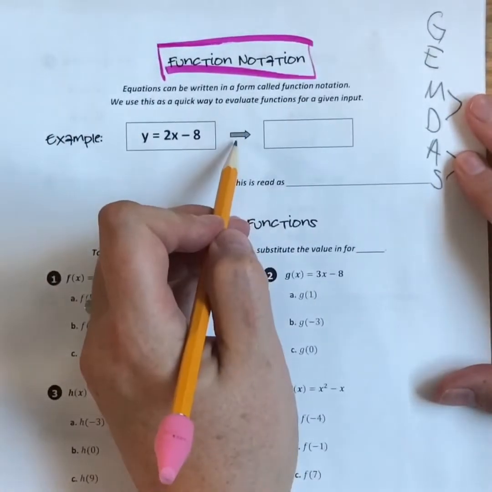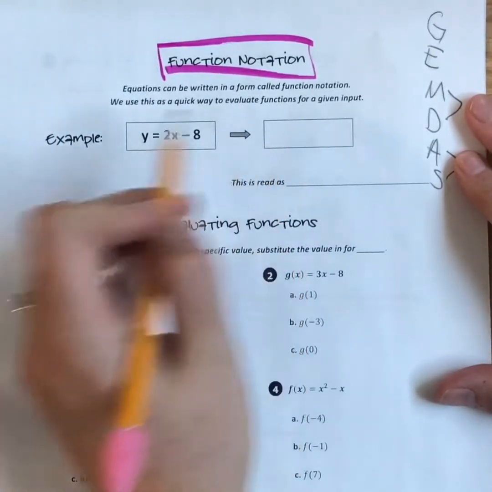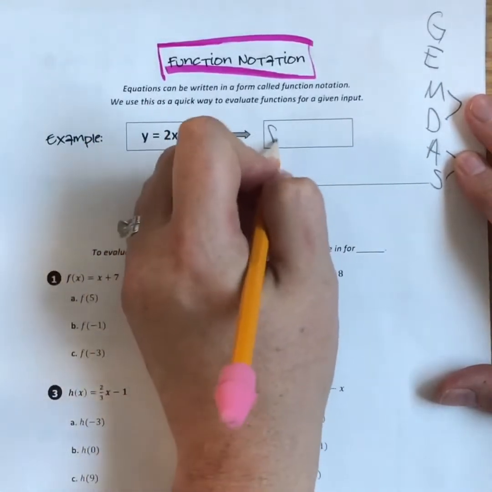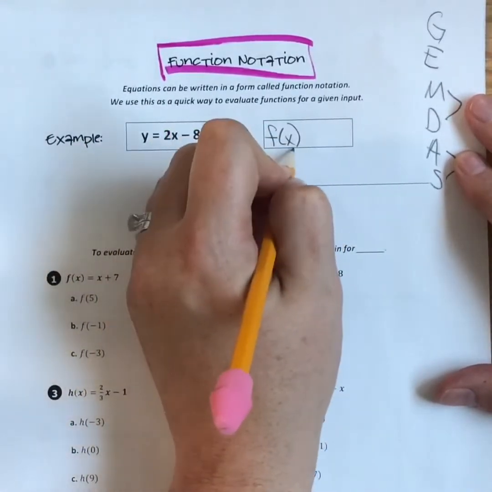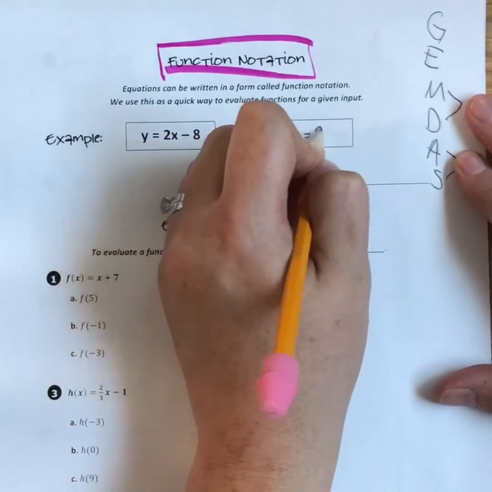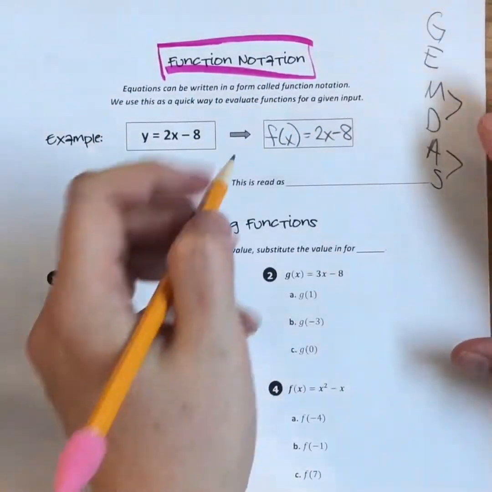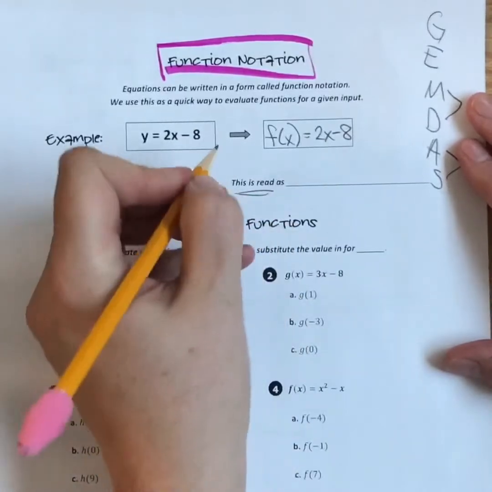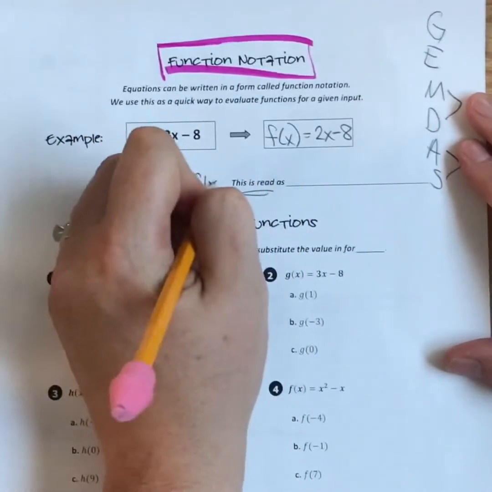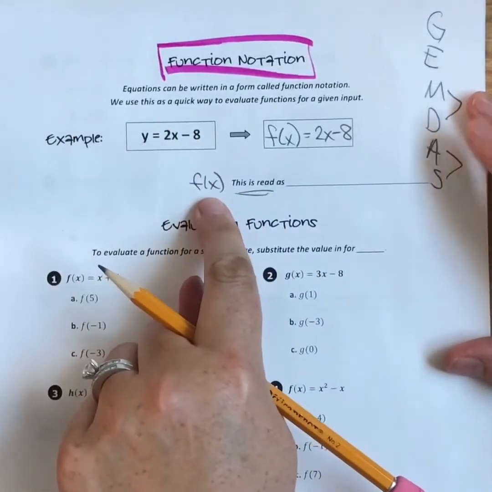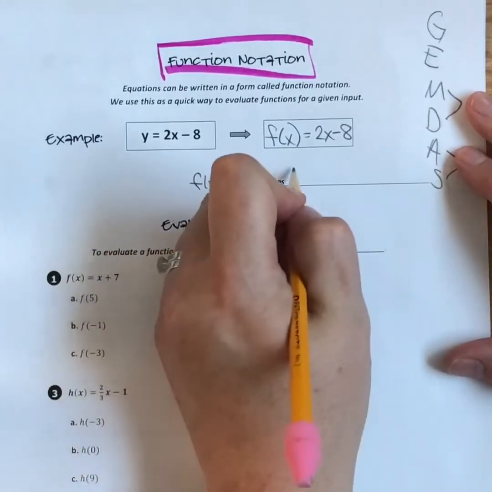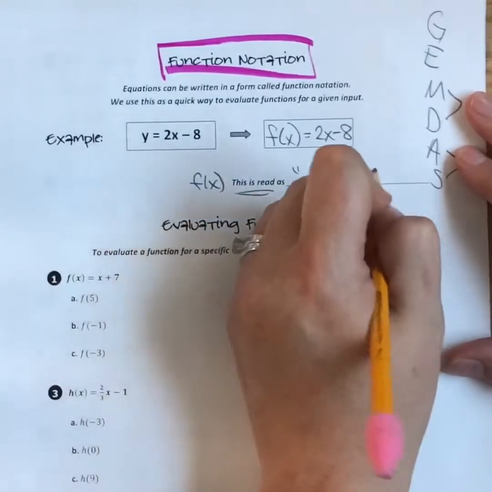Now, the function notation, instead of writing y, we say function of x, or f of x, equals 2x minus 8. So when we say this is f of x, and this is not multiplication, okay?